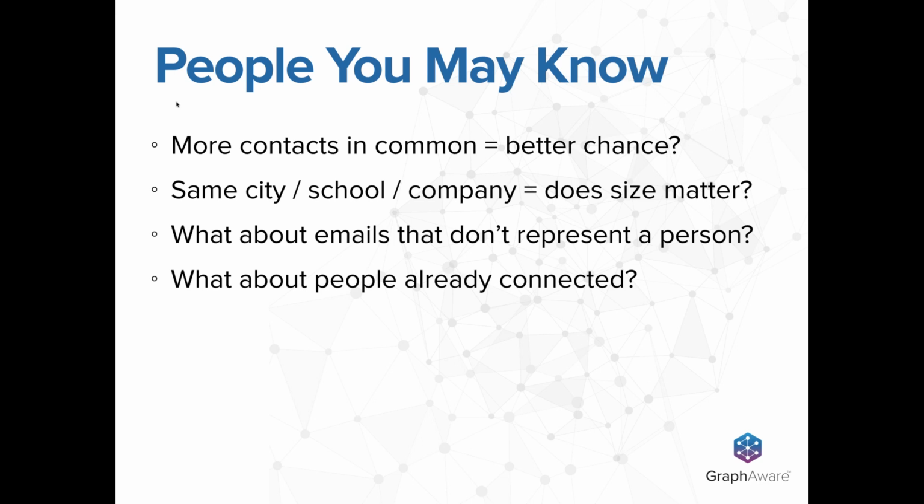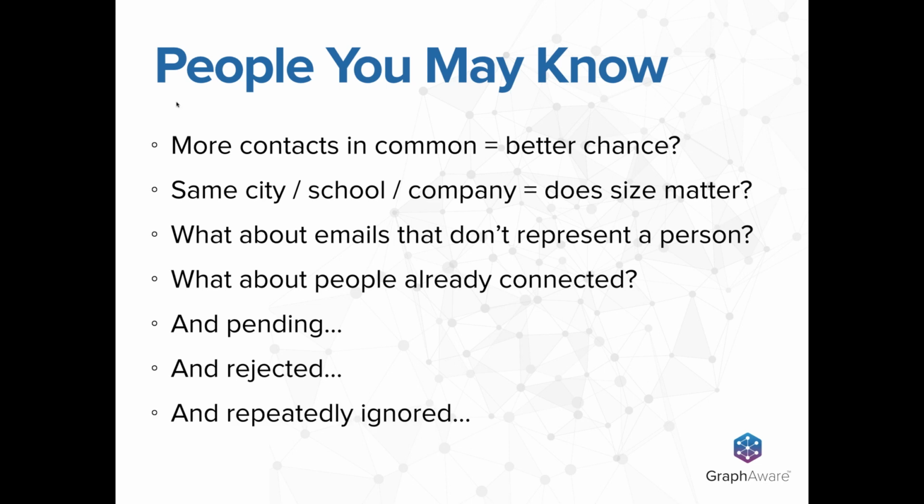So we want to filter out people that have already connected on our site, so we don't recommend somebody who already is your contact. And people that have a pending invitation, for example, and people that have indicated they have no interest in connecting with the person in question. And if we have shown a recommendation many times, and the user we're showing it to hasn't reacted to it, then that probably means something as well.